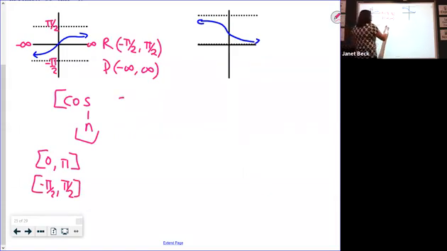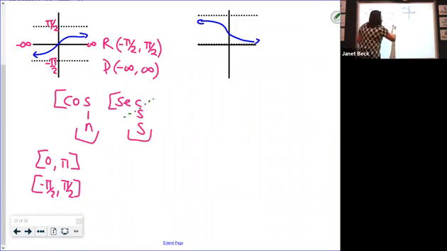They're quite similar to the secant and cosecant. These also have the same included endpoints, but these ones have got an asymptote in the middle, where you're excluding the mid value. There's an asymptote there.